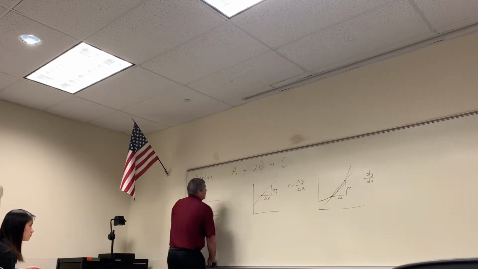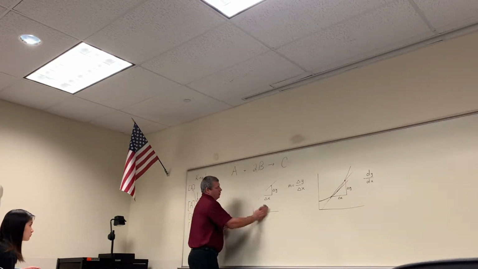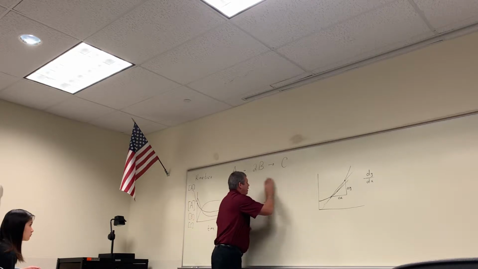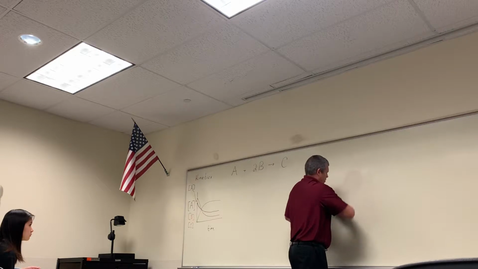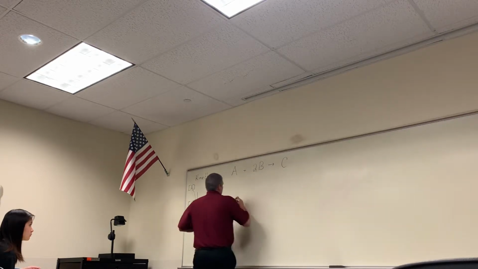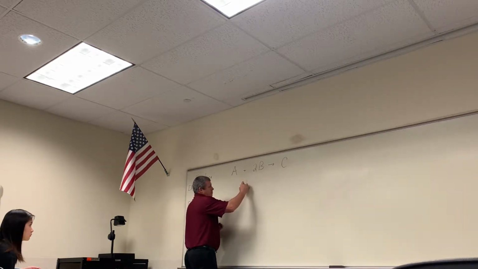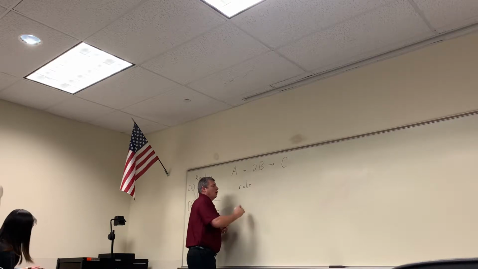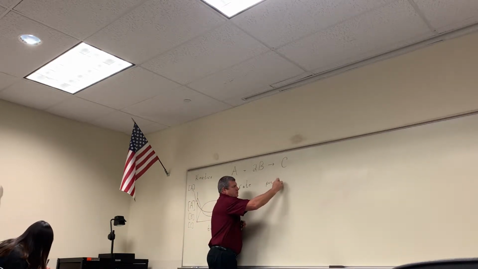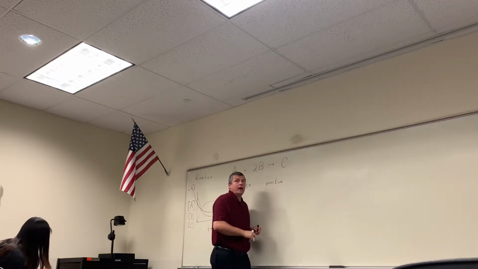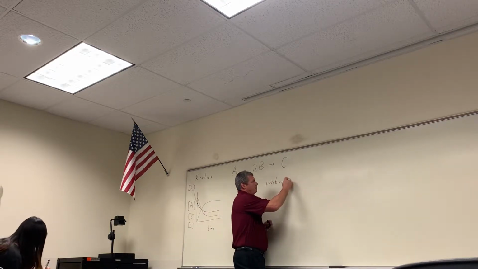So looking at this particular reaction, or any reaction, we need to talk about the rate of the reaction. And just by convention, particularly in this class, the rate of the reaction will always be a positive number.